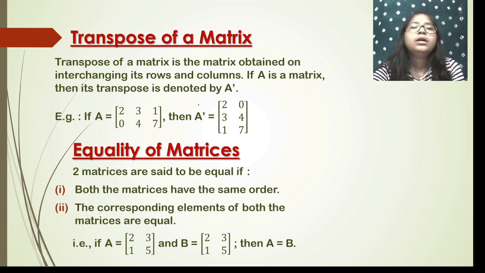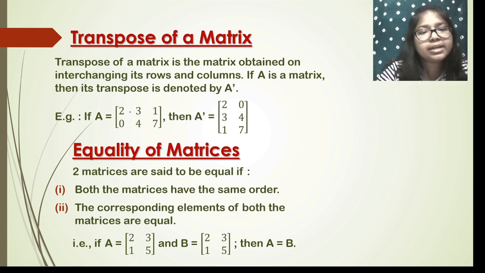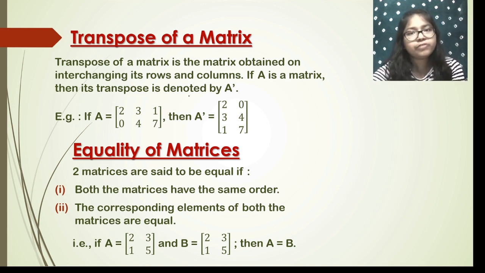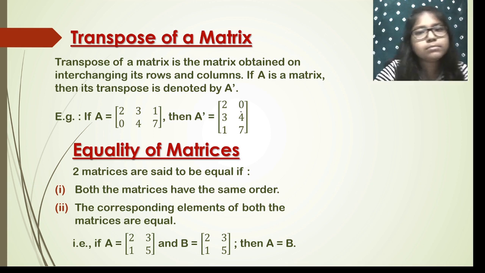So, in case of transpose of a matrix, the row elements will become the column elements. So here, the elements of first row of A is 2, 3, 1. This will become the elements of first column in A transpose. So this will become 2, 3, 1, that is first column, and here the elements of second row is 0, 4, 7, and it has become 0, 4, 7.